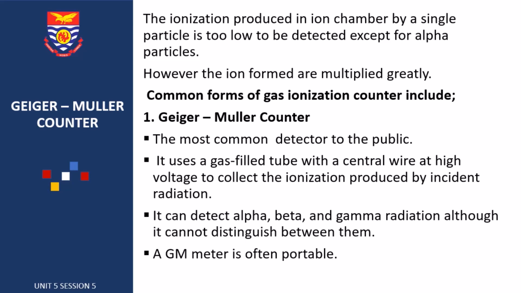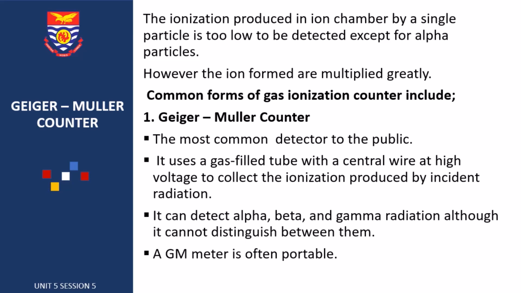The Geiger-Müller counter is the most common device used in the detection of radioactive contaminations. It uses a gas-filled tube with a central wire at high voltage to collect ionizations produced by incident radiations.